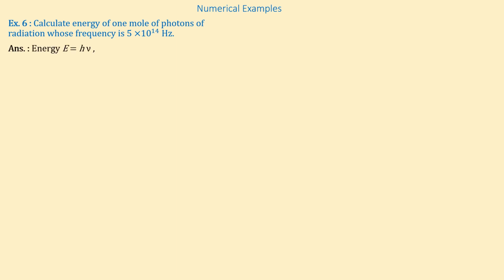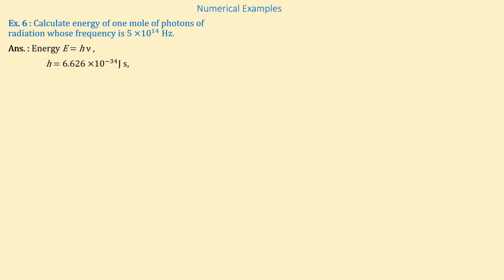Let us solve some numerical examples. First one: calculate the energy of 1 mole of photons of radiation whose frequency is 5 into 10 to the power of 14 Hertz. Answer: energy E is given by the relation E is equal to h into nu, where h is Planck's constant and nu is the frequency.